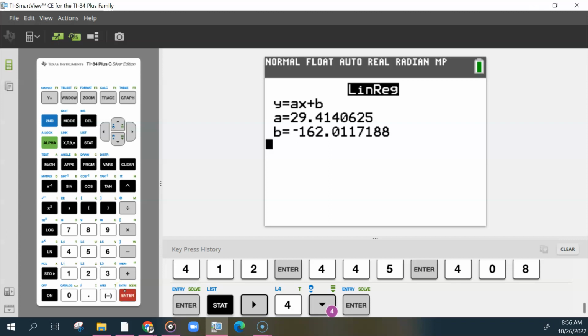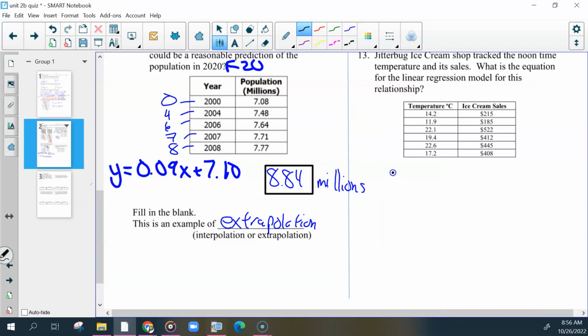So y equals 29.41x minus 162.01 would be your answer. So that one was worth 1 point. Did you get your equation correct?